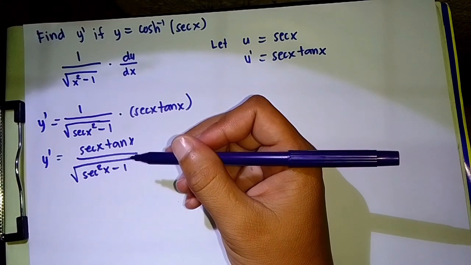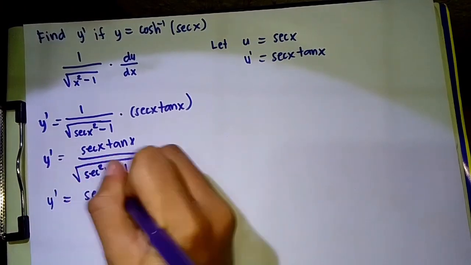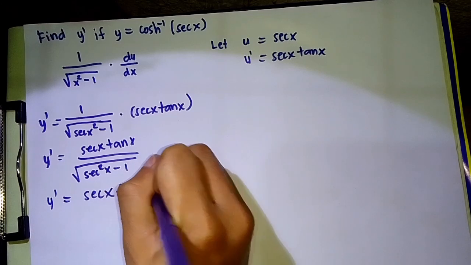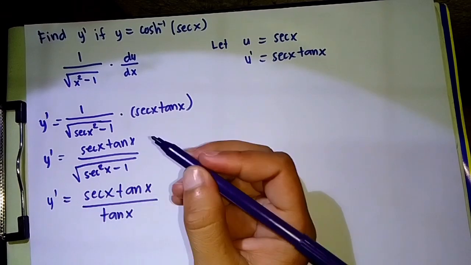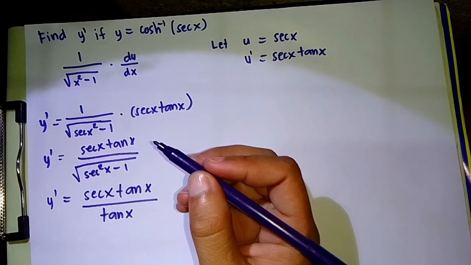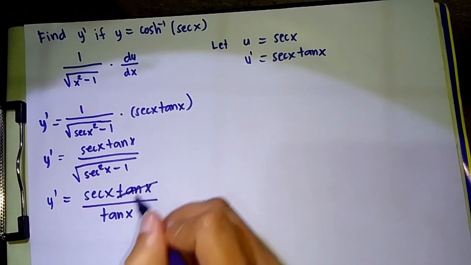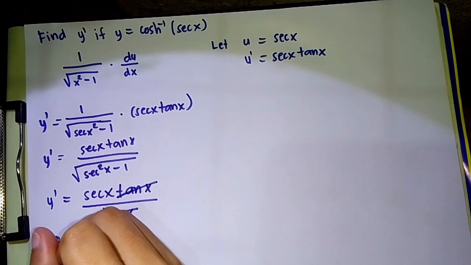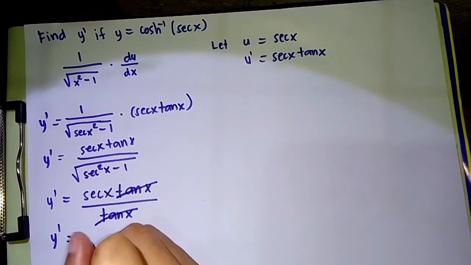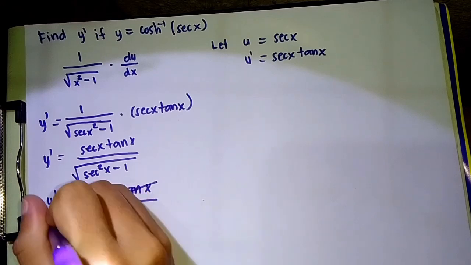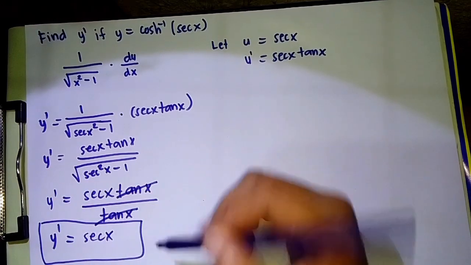So this will be written as y prime is equals sec x tan x over tan x, and the tan will be cancelled out, and so therefore our answer is y prime is equals secant x. So our final answer is secant x.